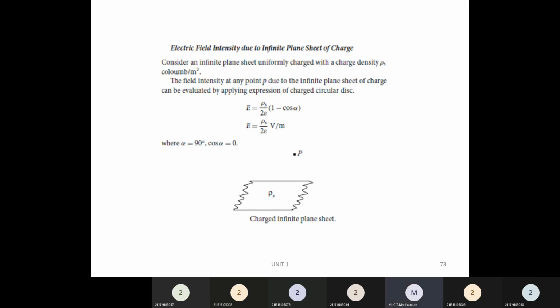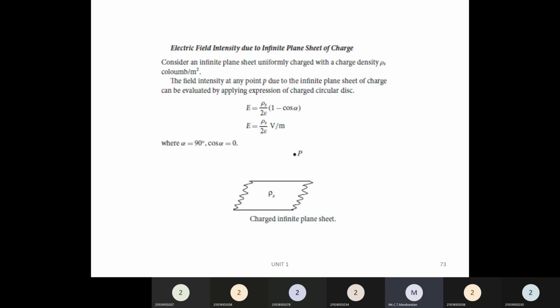Now we have the infinite sheet of charge. In the diagram we can see the infinite sheet of charge, which has charge density rho S. At this point, what will be the electric field? You can find it using this formula: E equal to rho S by 2 epsilon into 1 minus cos alpha. From the circular disk charge density, we have the concept.